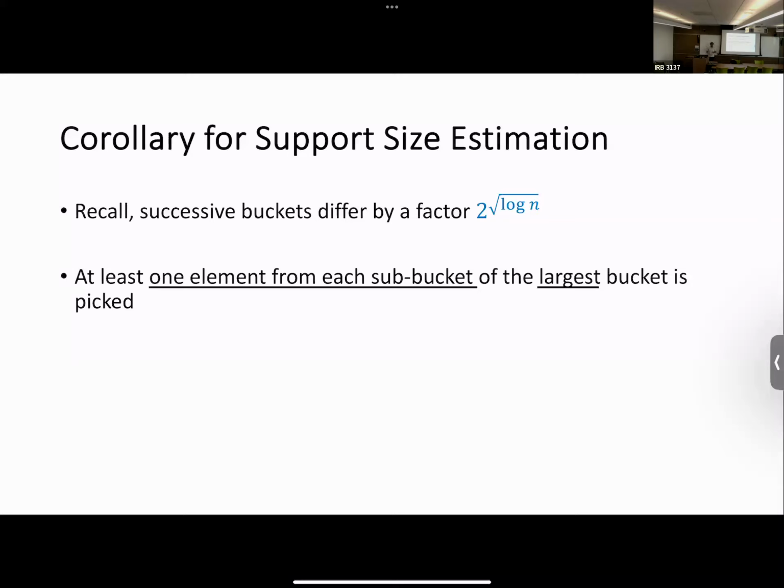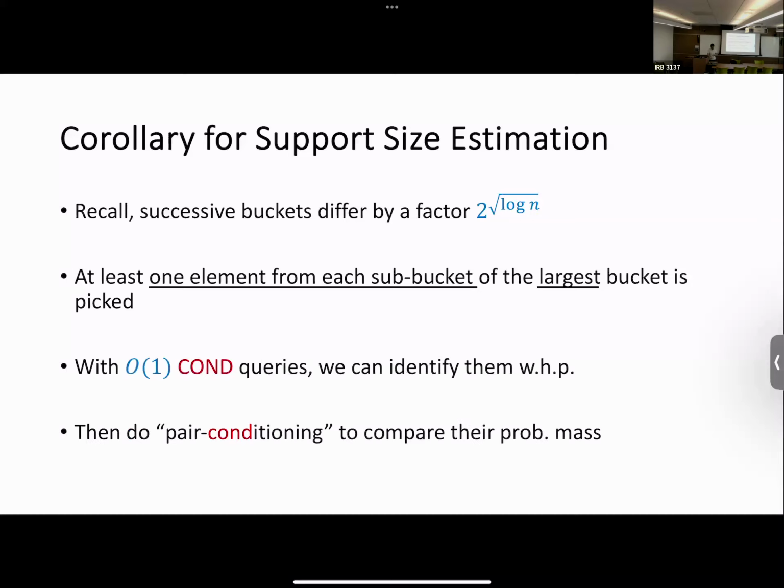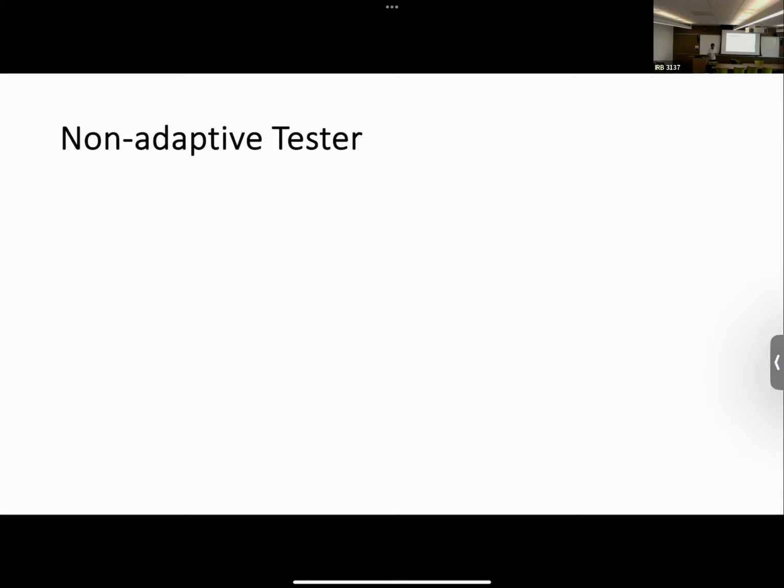Now you can use pair conditioning to distinguish whether you have the distribution of that type, or it is uniform over that particular set. That is why, with constantly many extra queries, you can distinguish. So the similar lower bound for this equivalence testing also directly gives us the same lower bound.